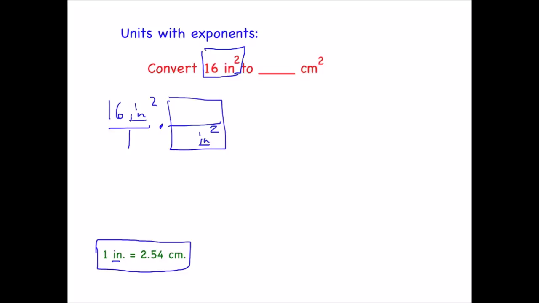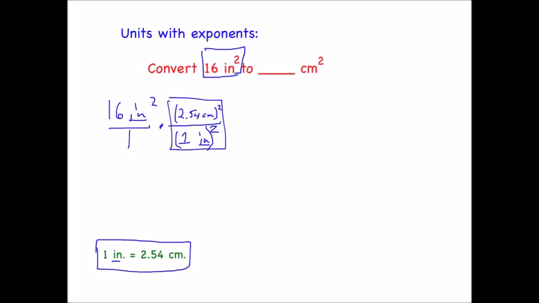So what we're going to do is put our 1 inch in here, and then in parentheses say that we're going to square that. And then on top, we're going to put our 2.54 centimeters, and we have to square that too. Since we squared the one on the bottom, you have to square the one on the top.